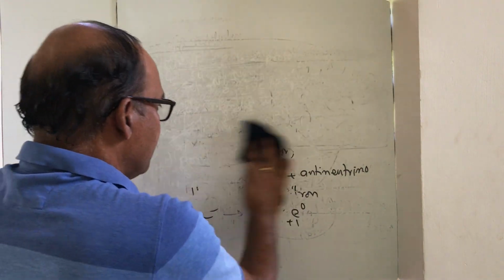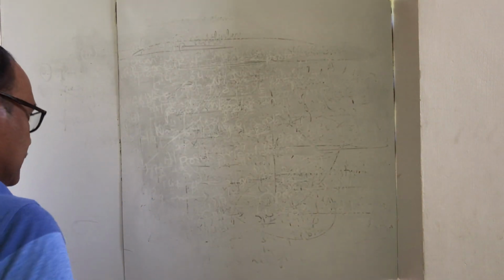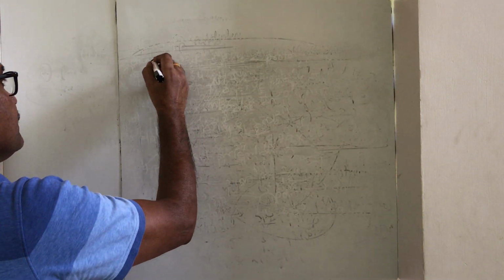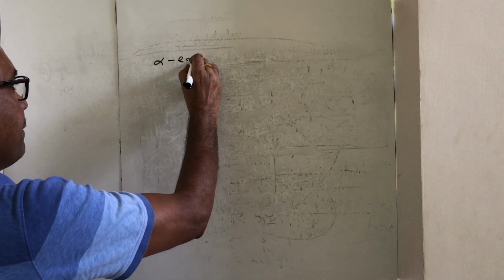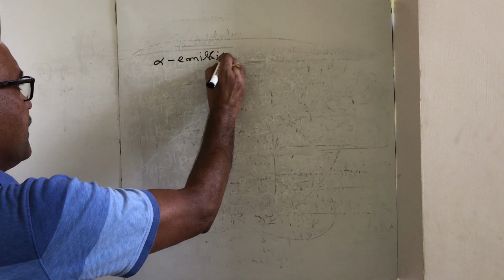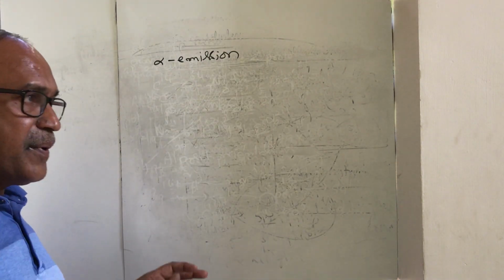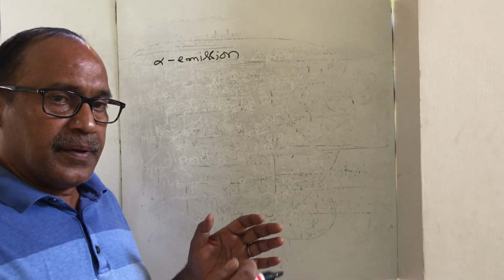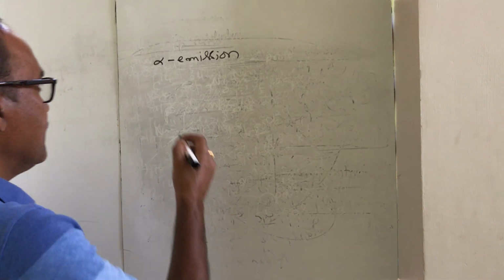And one more very important phenomenon is alpha emission. Most of the heavy nuclei emit the alpha particle. Means when an alpha particle is emitted, they fall below the zone of stability of the graph.